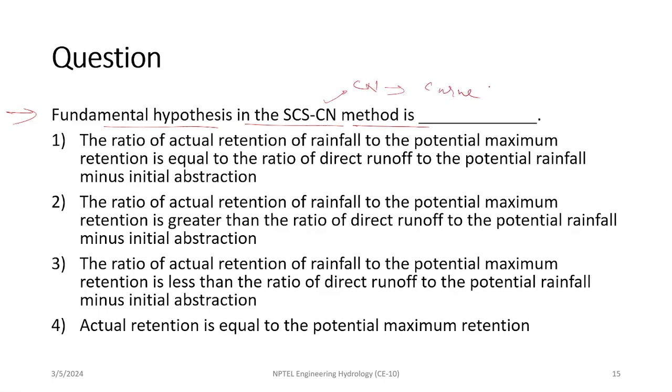And what is its range? There is some range where CN varies. Balamurugan replied 0 to 100. That's good, you are right, 0 to 100. Now I also want to know what is the significance of 0. If in any catchment we get curve number 0 or curve number 100, what does it mean? Any comment on this?